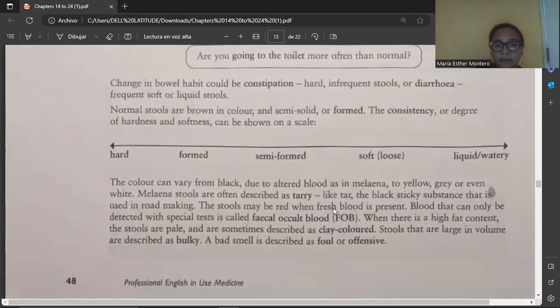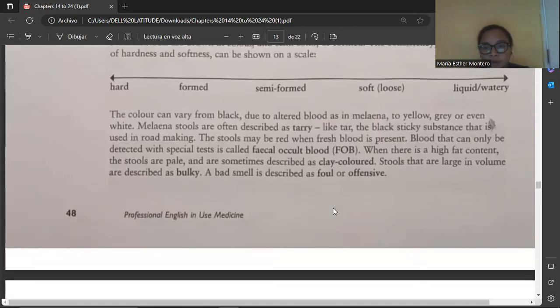The color can vary from black due to altered blood, as in melena, to yellow, gray, or even white. Melena stools are often described as tarry, like tar, the black sticky substance that is used in road making.